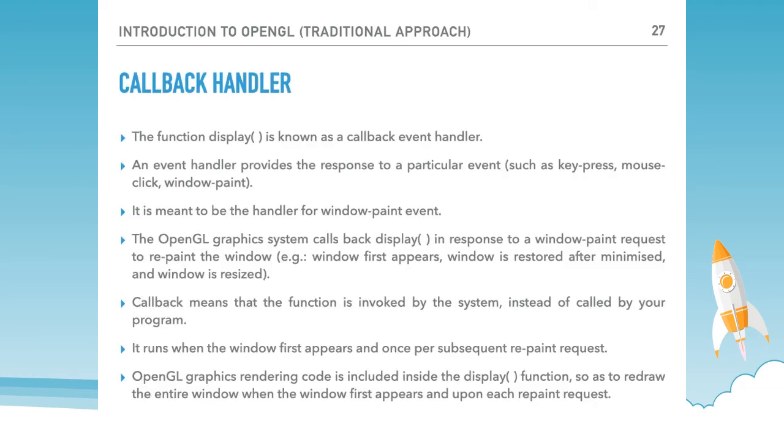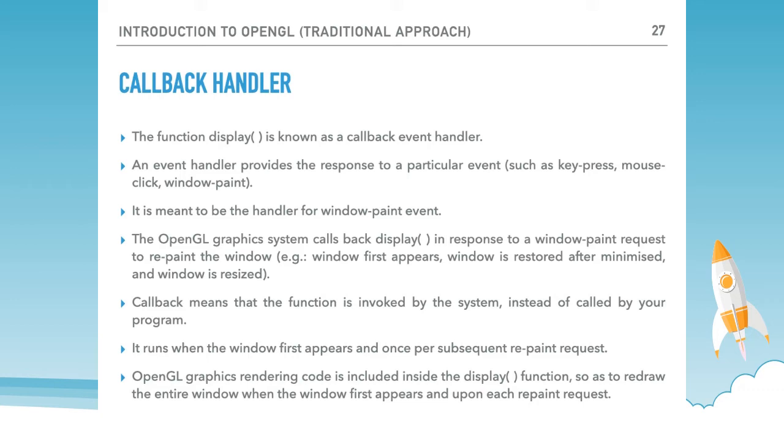Then there's another function called the display function. This function is known as a callback event handler. An event handler provides a response to a particular event, such as a key press, mouse click, or window paint. The display function is meant to be the handler for the window paint event.